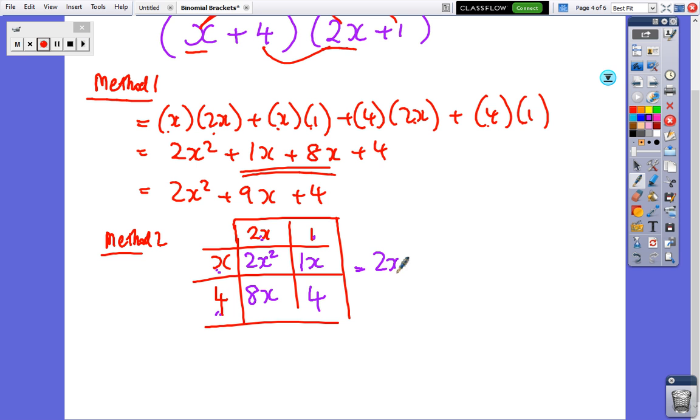So we've got 2x squared, and then the diagonals go together, so that gives us 9x, and then the 4 is left behind. So here the diagonals will always match up as a like term. Well, not always, but that's what you look for. Okay, so I think copy that down, or just check your answer.